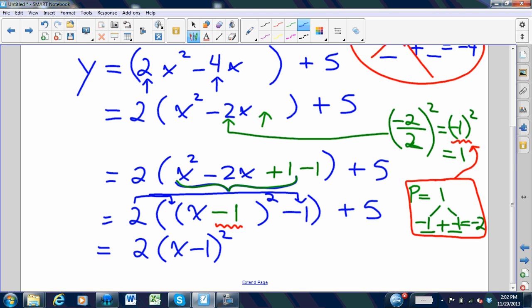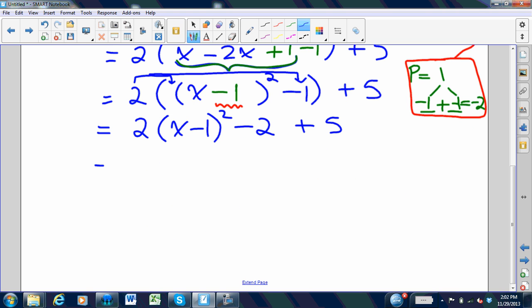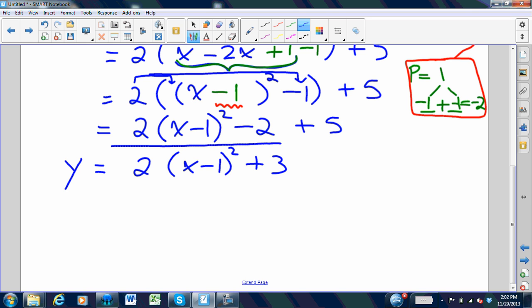Because the bracket is squared, the 2 cannot go into the bracket. So it can just multiply to the front of the bracket. And then the 2 times the negative 1 would give me negative 2. I still have that plus 5, and I've eliminated that secondary bracket that was there. And at this step, I would just clean up negative 2 plus 5, which gives plus 3. So my final equation is y is equal to 2 times x minus 1 squared plus 3.